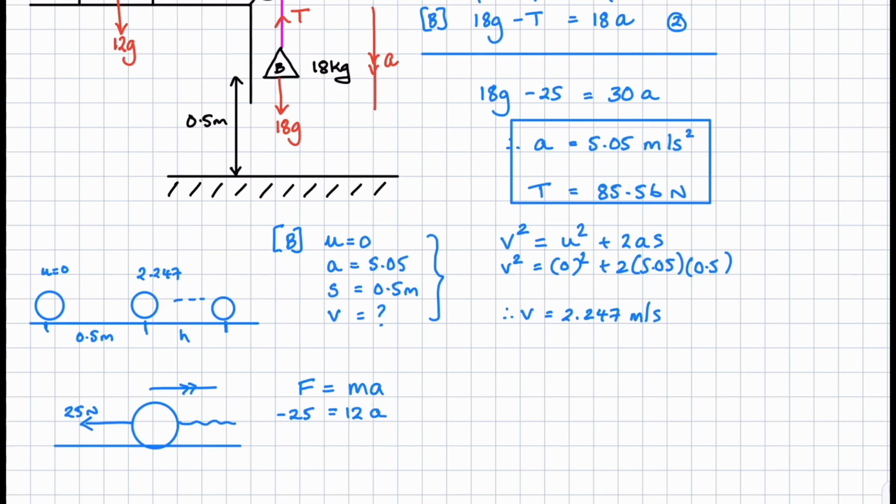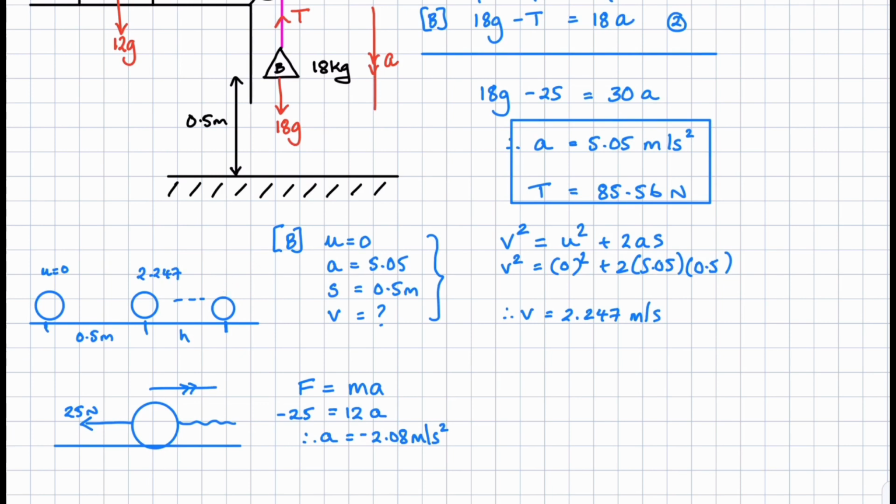So we can now calculate this value for our acceleration, and you should obtain minus 2.08 meters per second squared. So particle A is now going to start decelerating until it comes to rest.